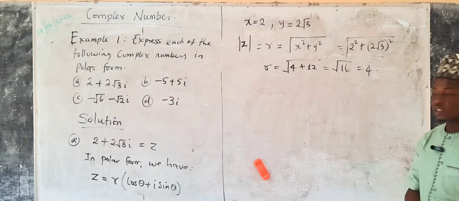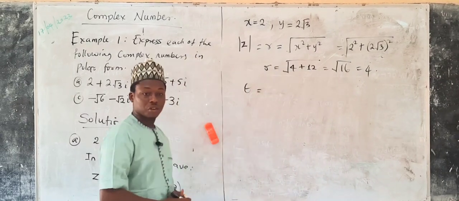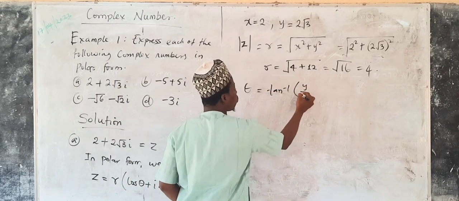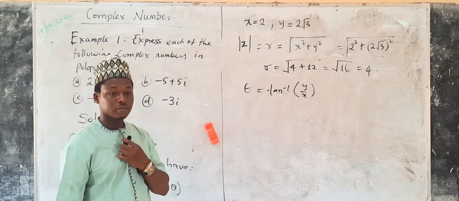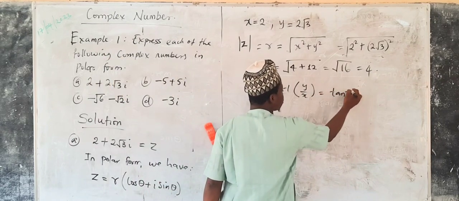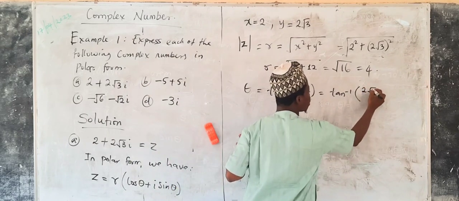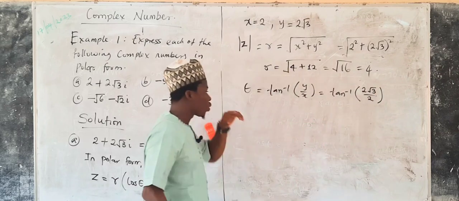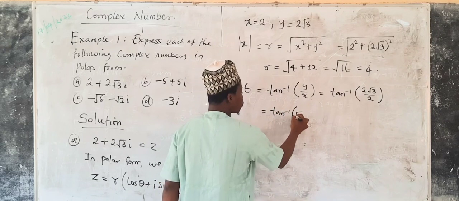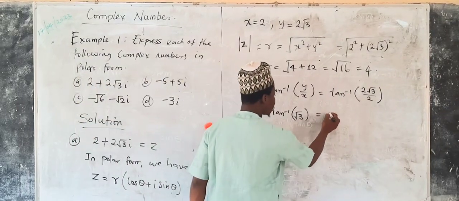But if we want to use the tan inverse method, we will have that our theta, which is the argument of the complex number, is given as tan inverse of y over x, which is the same as tan inverse of 2 root 3 over 2. 2 cancels 2, so we have tan inverse of the square root of 3, which is equal to 60 degrees.